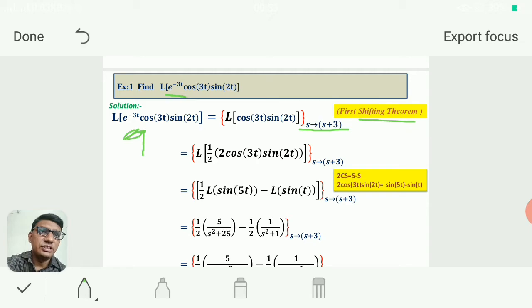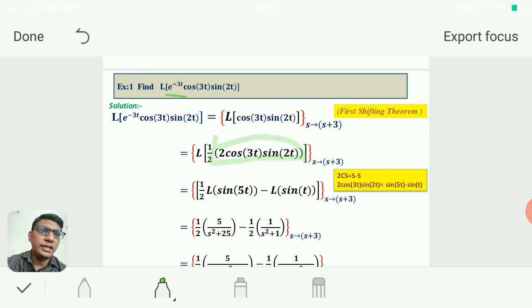To apply this formula, we multiply and divide by 2, so 1 by 2 into 2 cos 3t sin 2t, and s is replaced by s plus 3, which is our first shifting property. It is applicable at the last of the example, but first of all our concentration is on finding the Laplace of this portion.